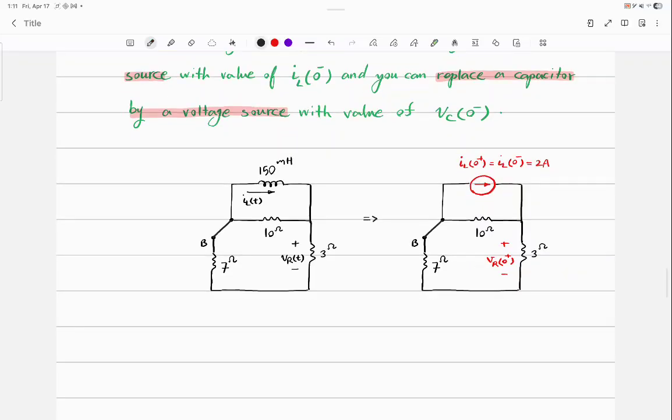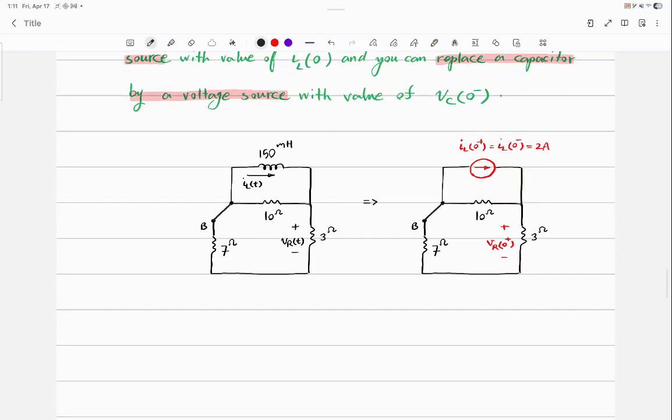What do I need to find on step 2 before moving to the next step? Yes, we need to find VR0 positive. Tell me what to do. Current division and Ohm's law. So I have 3 ohms, and I need to find the current that's passing through the 3 ohm.